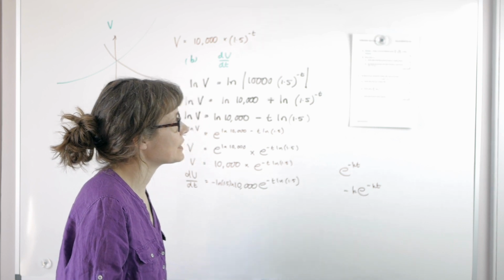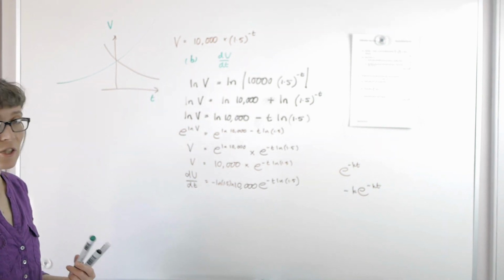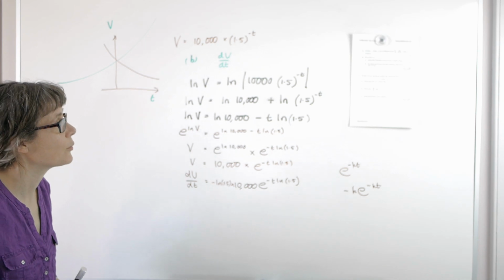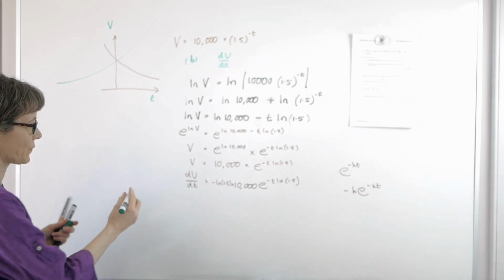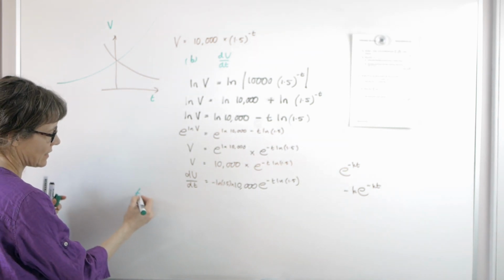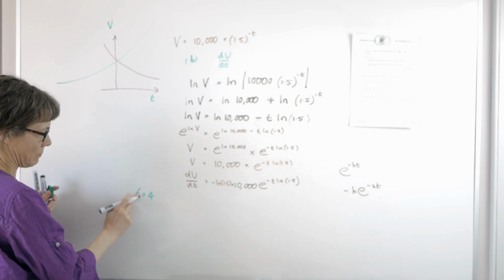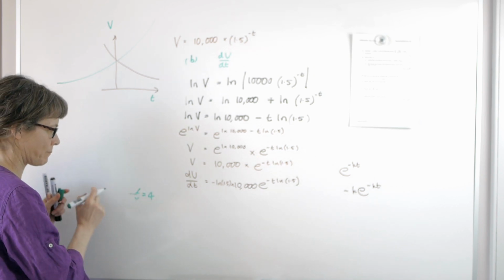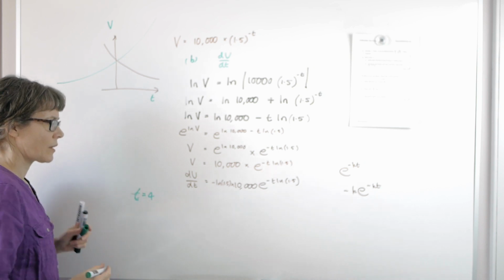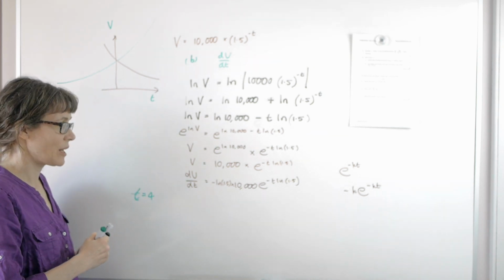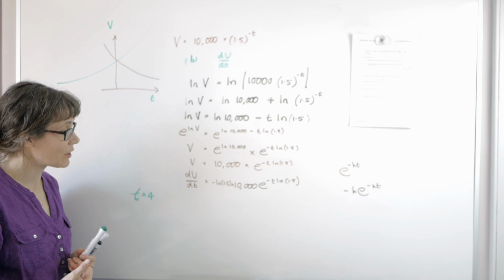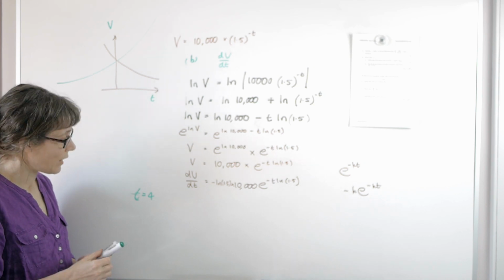Okay, so there's dv dt, and the question actually gets us to find an exact value when t is 4. What is this? t equals 4. So we don't have to manipulate this anymore, we can just put it in our calculators. T equals 4, and off we go.